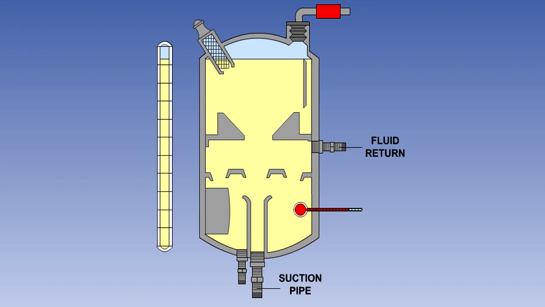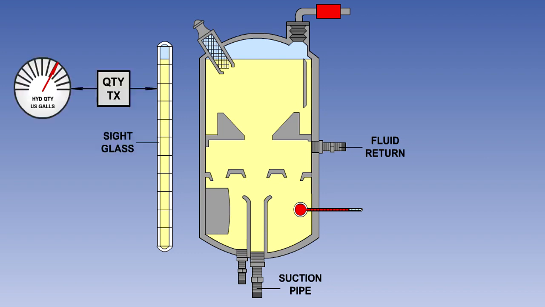The reservoir also contains connections for suction pipes to the pumps and return pipes from the system. A quantity transmitter unit to allow the flight crew to monitor the system for correct servicing and in-flight leaks. A filling inlet, normally sealed with a filler cap.